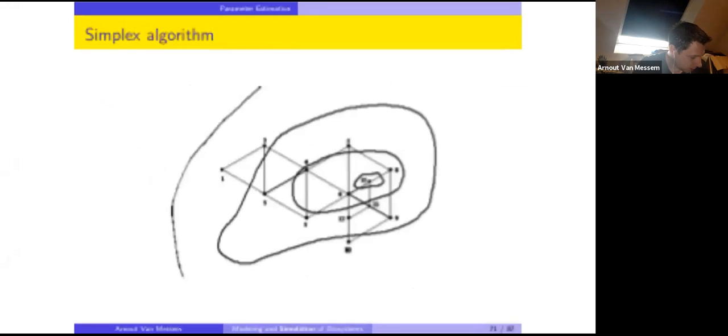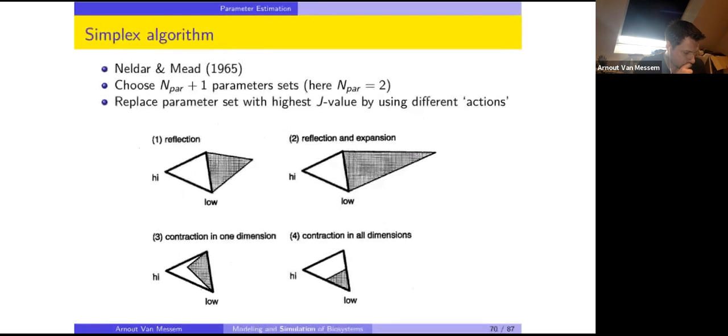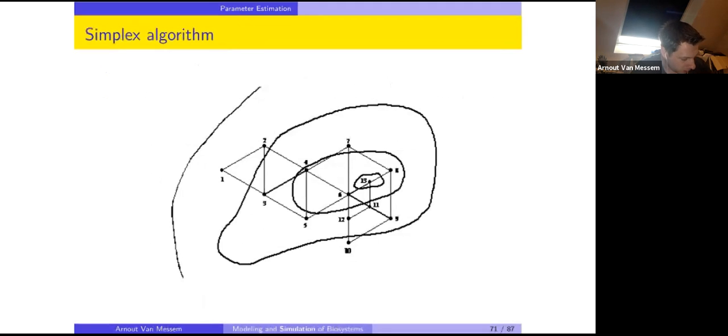And then let's see why 7 and 8. 1, 2, 3. Yeah, so you have in the previous step, so this is 4, 5, 6.